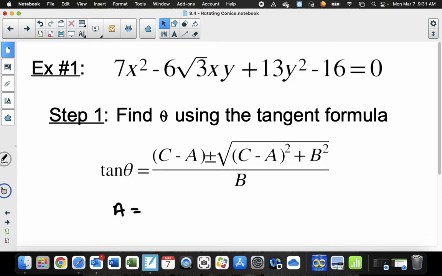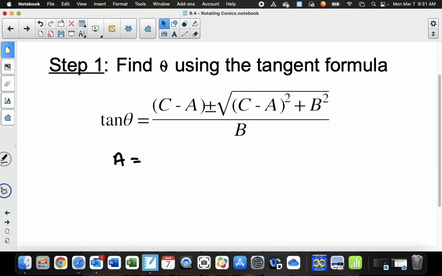You forget the negative in the very first part, you're going to kick yourself 30 minutes from now when you finish this problem. Okay? 13 is the c value. That's why we're taking our time. So we have a is 7. B is negative 6 square root of 3. And c, what did we say c was? 13? Okay. So there we go.